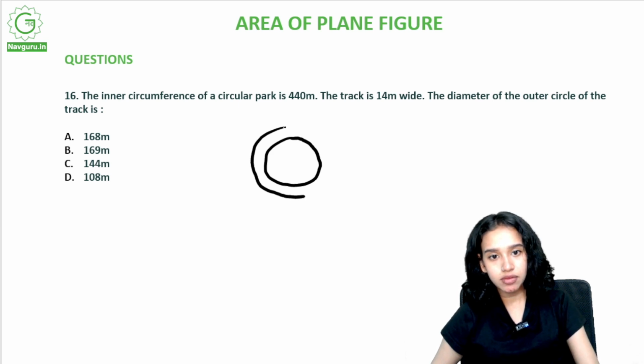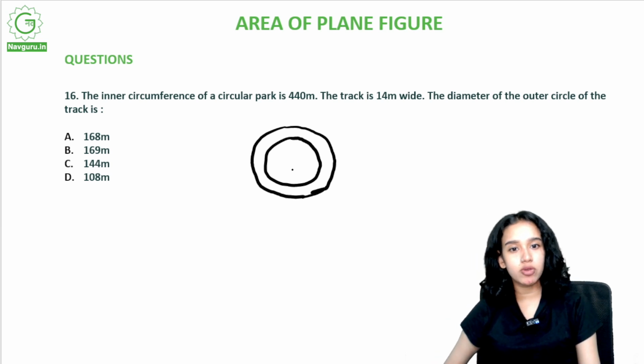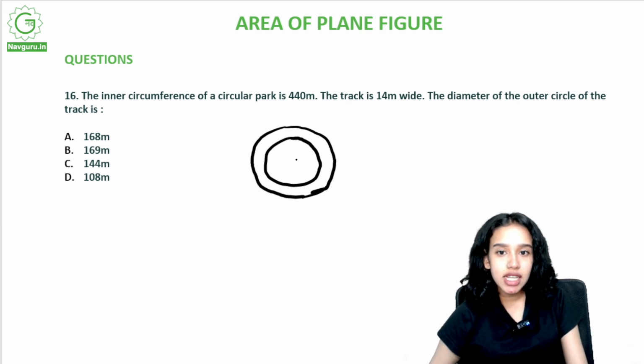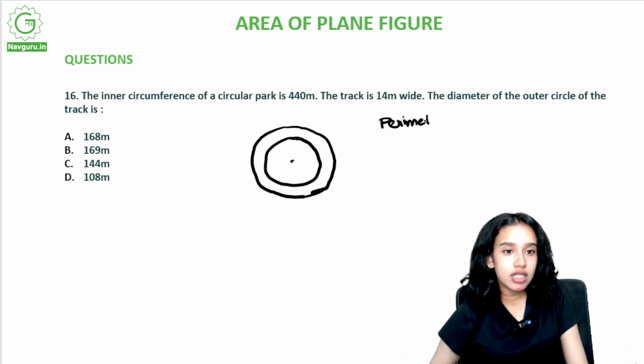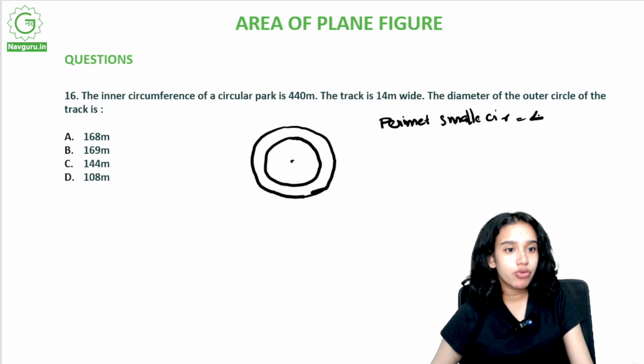So, let's say we have a circular park along with the track. So we said that the inner circumference of a circular park, the perimeter of the inner smaller circle, is equal to 440 meters. So what is the perimeter here? 2 pi r is equal to 440 meters.